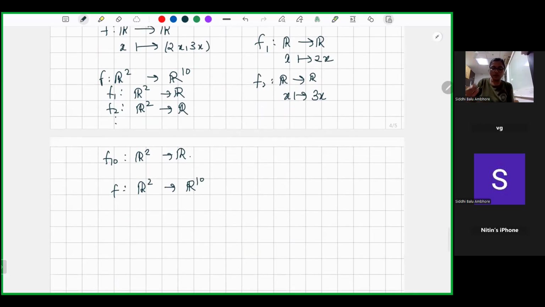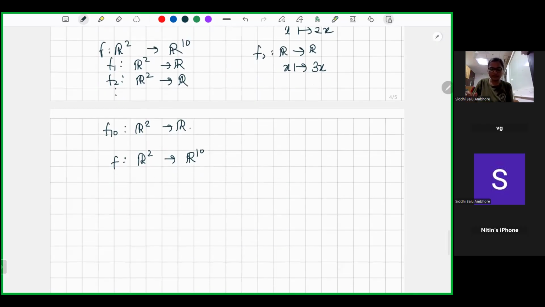This is just a way of understanding; it's not exactly how the functions are defined. Here this will be some (x, y) going to f1 of (x, y), (x, y) going to f2 of (x, y), and (x, y) going to f10 of (x, y).